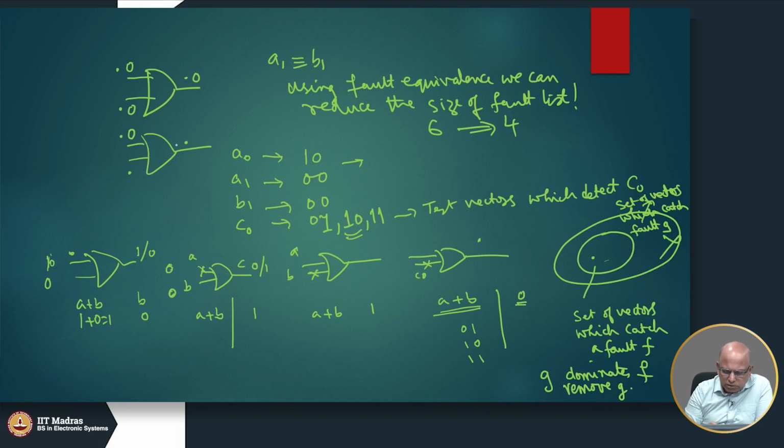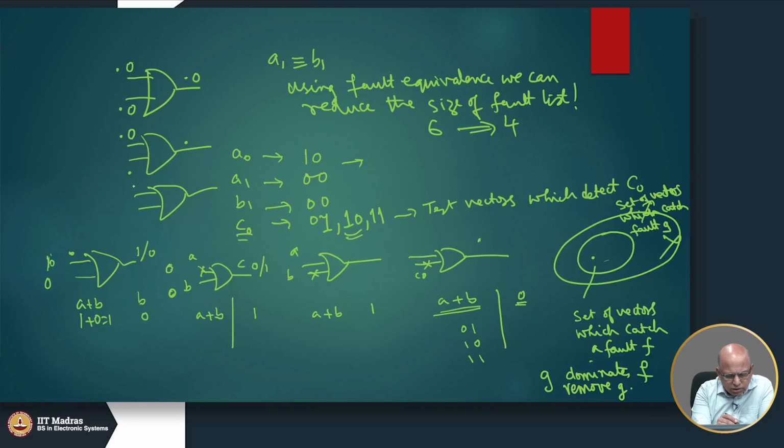So, in this example C 0 is a dominant fault, that means the test vectors for C 0 contain the test vectors for A 0. So, we can eliminate this also. So, with the help of equivalence we were able to bring it down to 4 faults.